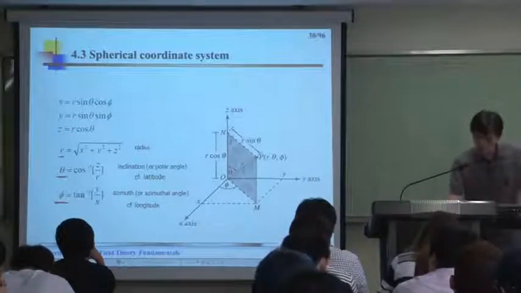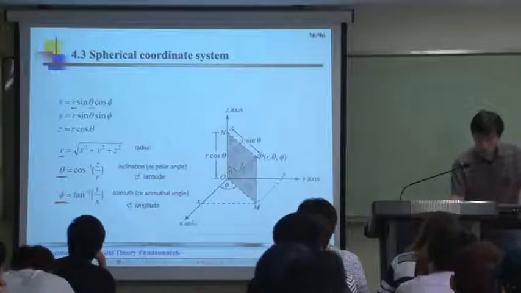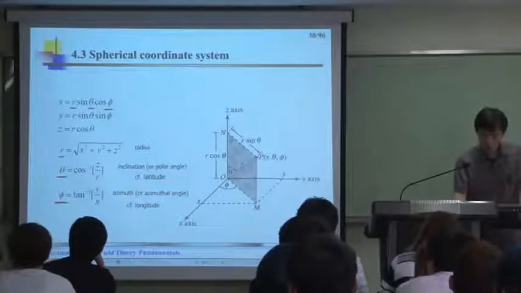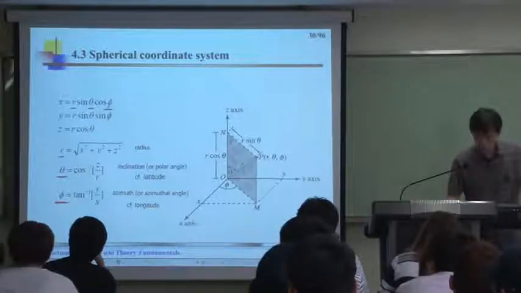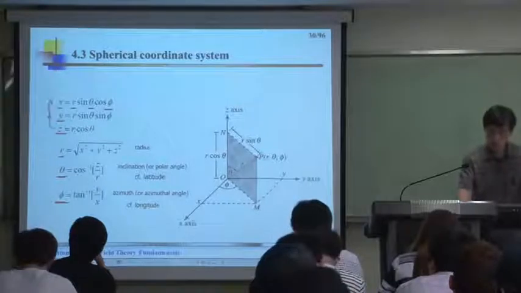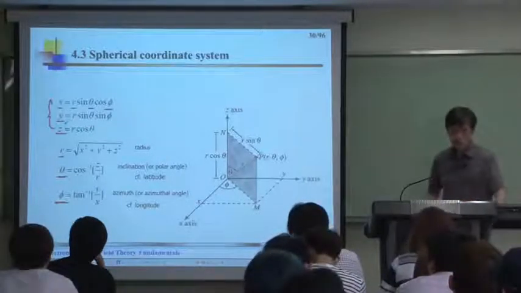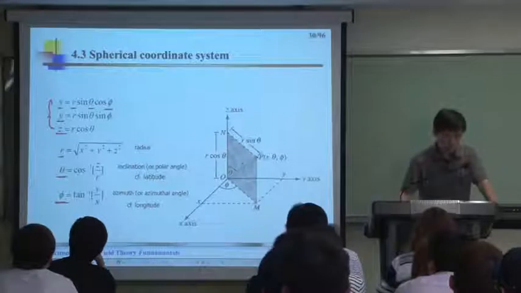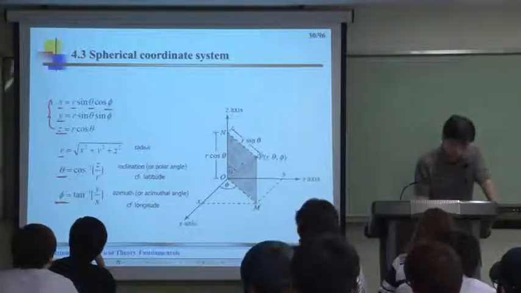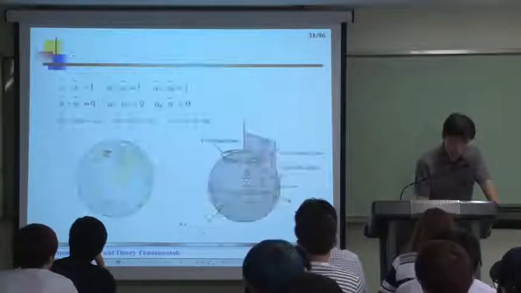And these numbers r, theta, phi can be transformed into x, y, z using this relation. This relation can be written in the matrix form, as we already studied.